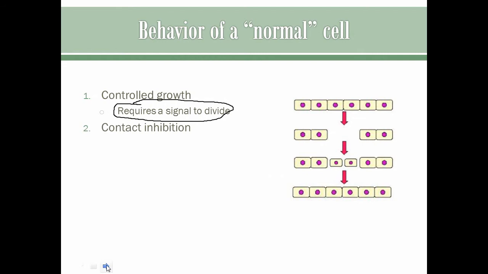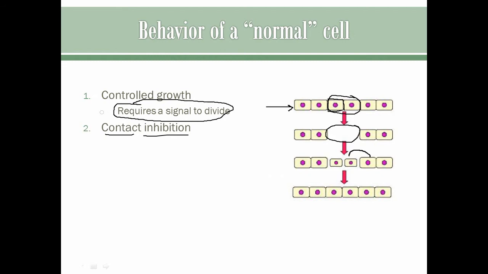The second thing that normal cells do is they have something called contact inhibition. And what contact inhibition basically says is that cells typically, once they're touching another cell, they don't divide. Okay? So let's say this is a line of skin cells right here, and a couple of your skin cells get sloughed off, or you have an injury and there's a space there.